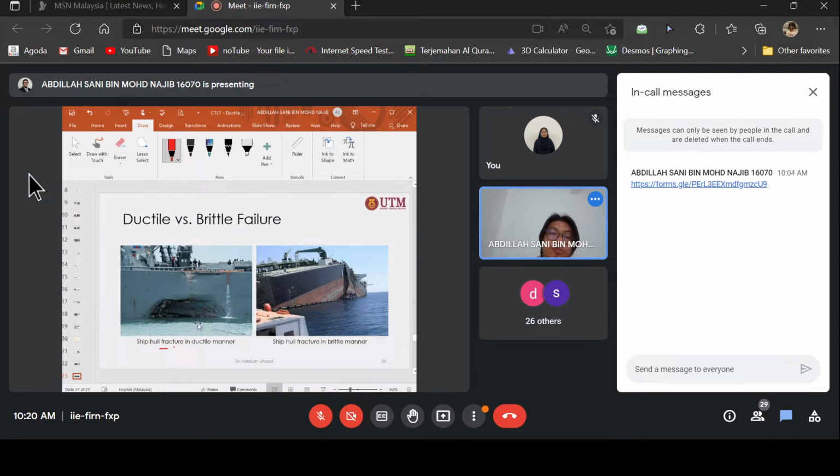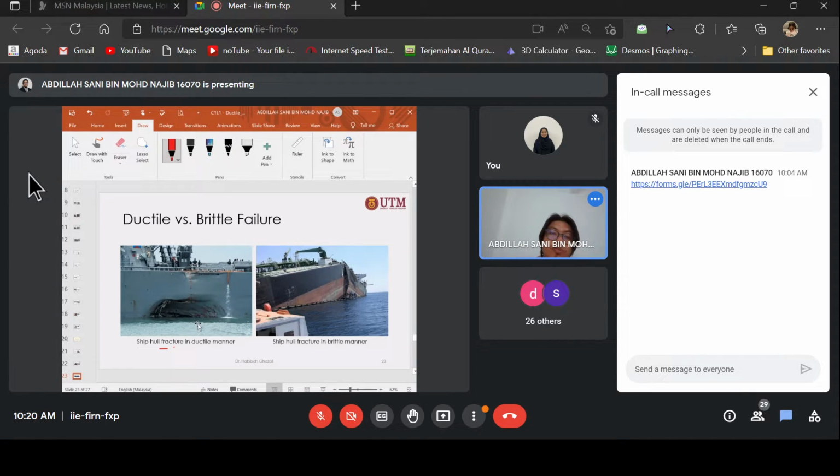Right. So that is all about lesson number one. In summary, the first thing that I want you to remember is the stages of fracture: initiation of crack, propagation of crack.